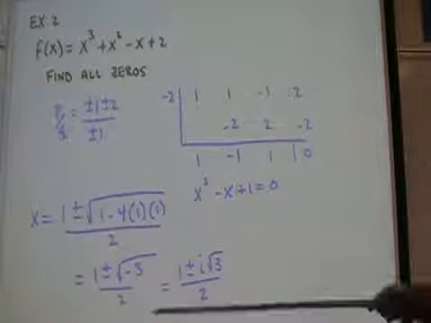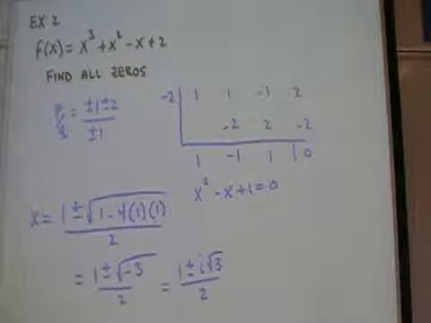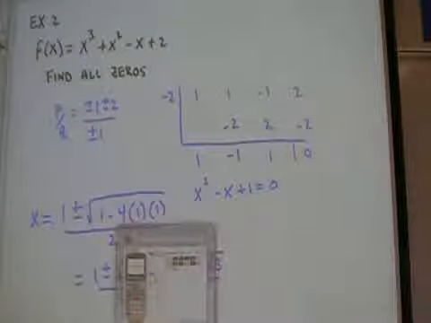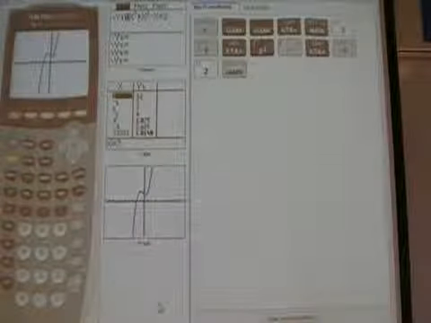But here it tells me to find all of them. So you go to your calculator, get out your calculator, and type into y equals that function, x cubed plus x squared minus x plus 2.